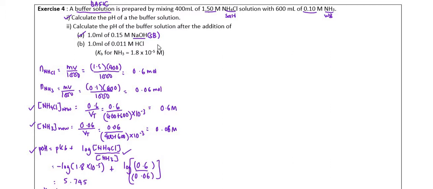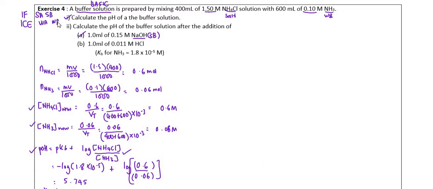Okay, so if you get this type of question, the first step, you must use an ICF table. Before this you learned about the ICE table for weak acid or weak base. Then you learned about the IF table for strong acid or strong base.